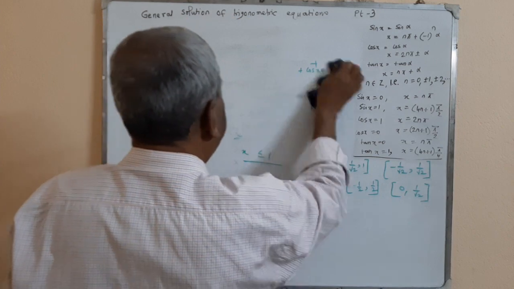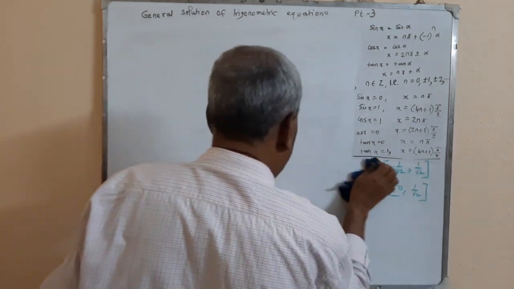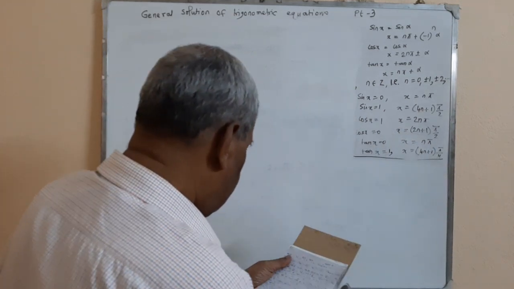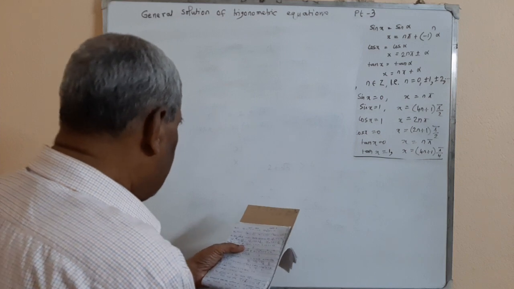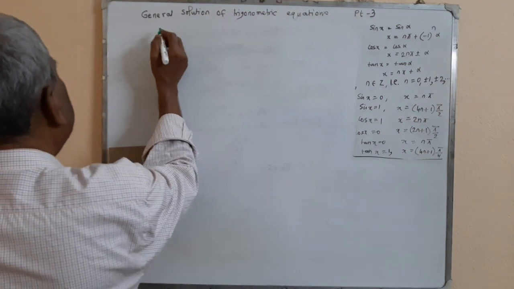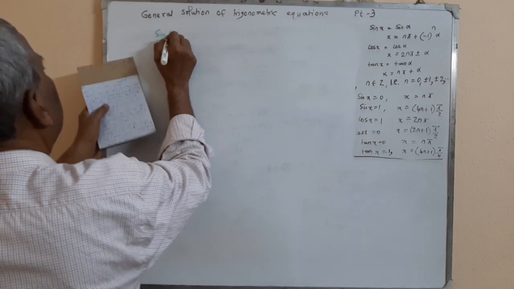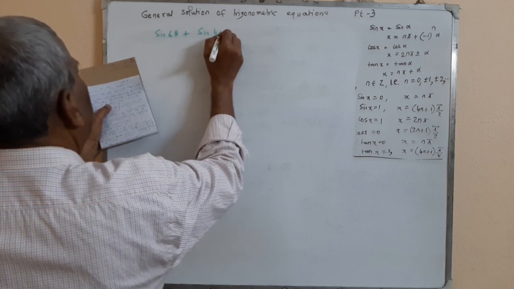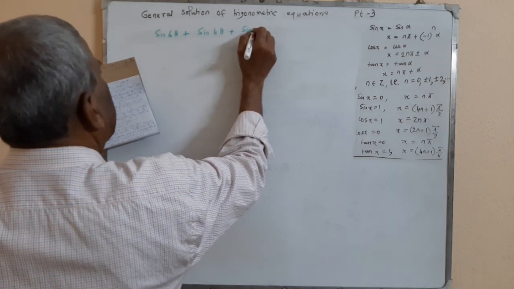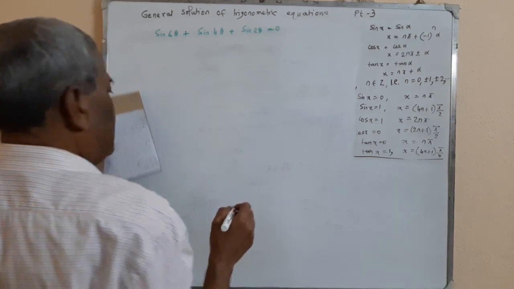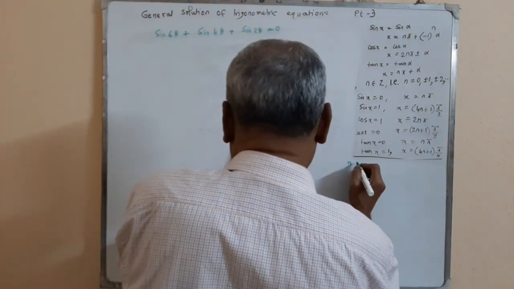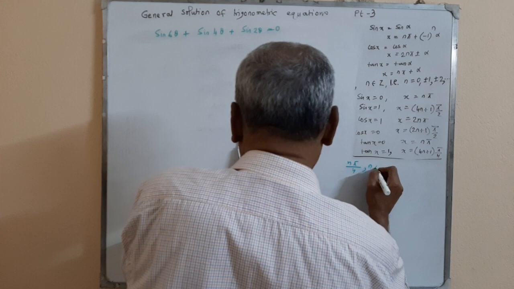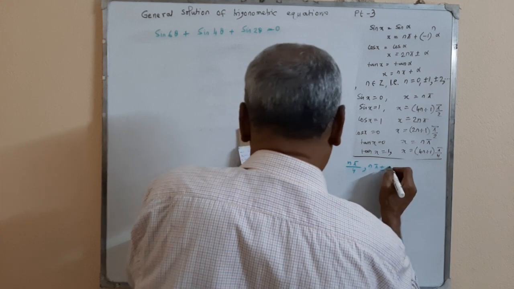Next problem. General solution of sin 6 theta plus sin 4 theta plus sin 2 theta is equal to 0 is: number 1, n pi by 4 and n pi plus minus pi by 3.